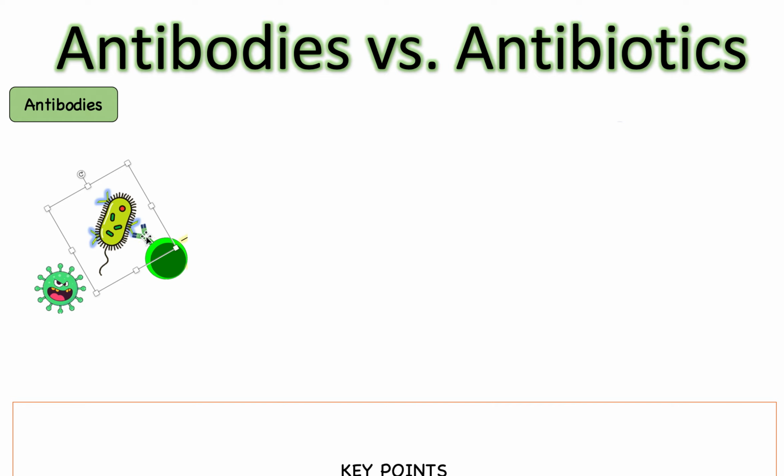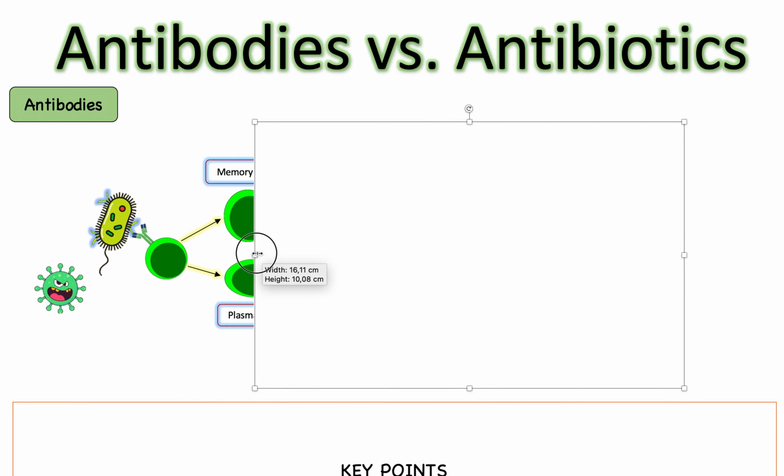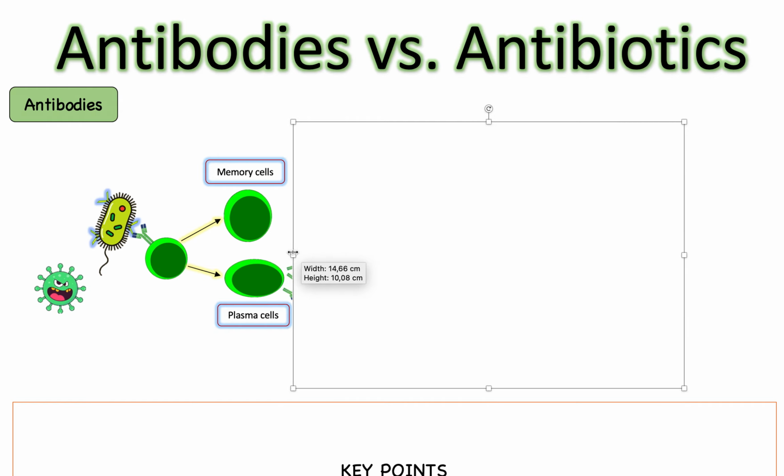So as soon as this lymphocyte binds this antigen, it starts to differentiate or become two different types of cells, either a memory cell or a plasma cell. Plasma cells are going to secrete antibodies, okay? And these antibodies are like weapons made to defeat and target this specific pathogen. So it looks like this.